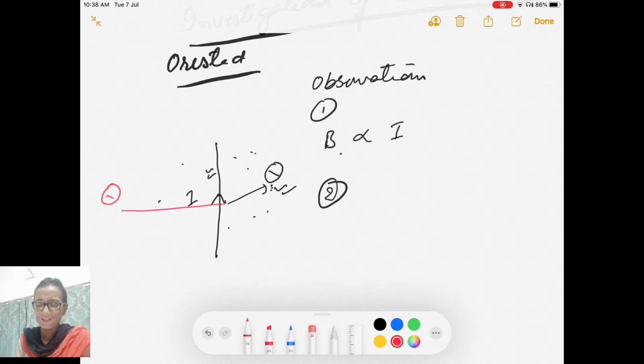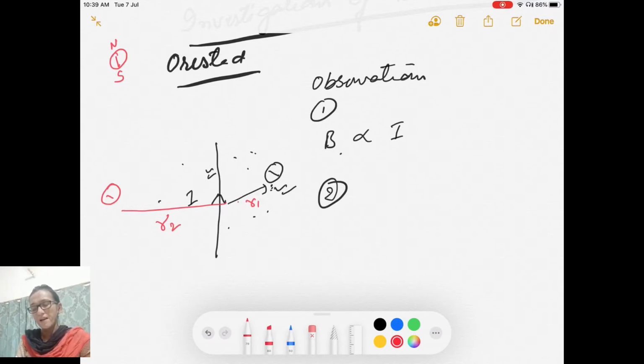Distance is increased from the current-carrying conductor: here the distance is R1, here the distance is R2. When distance is increased, deflection is decreased. And deflection from where? From the north-south direction, because a free compass needle always points in the north-south direction.